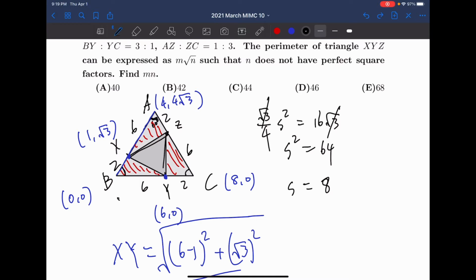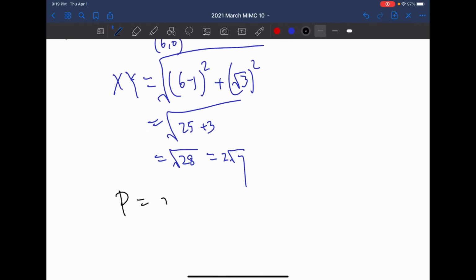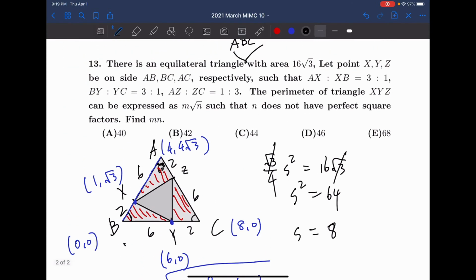Therefore, these three sides would be congruent, so that's an equilateral triangle. Therefore, the perimeter would be 2 root 7 times 3, or 6 root 7, giving us the answer choice B.